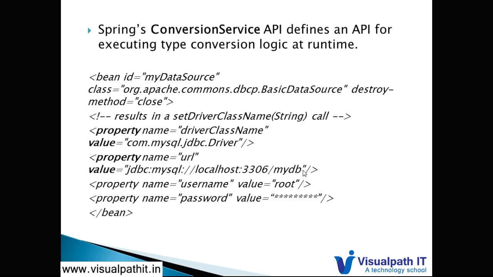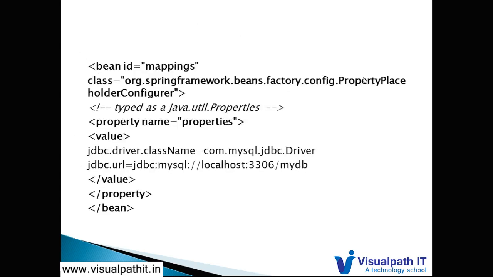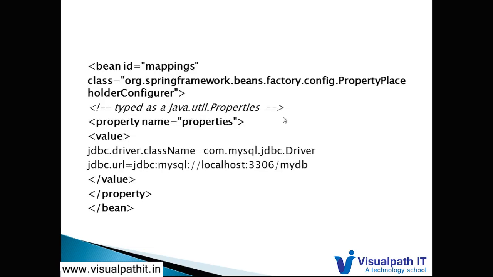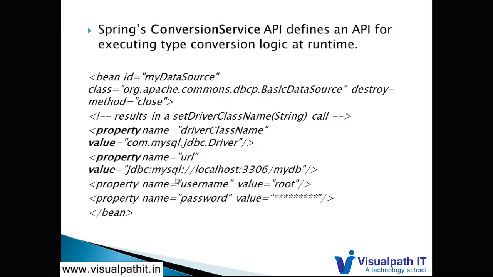We can write that here as property name. We can call the class org.springframework.beans.factory.config.PropertyPlaceholderConfigurer, within which we have property name equal to properties and the values that we showed here. So it's clearly a human readable representation.